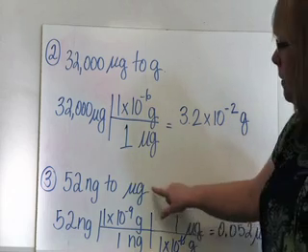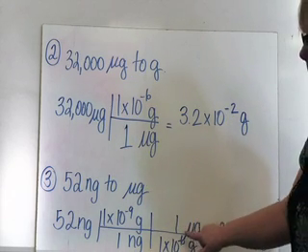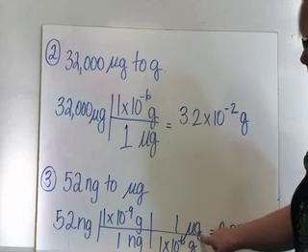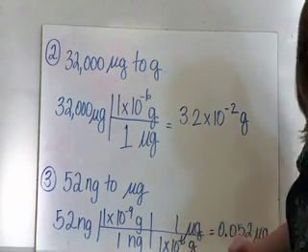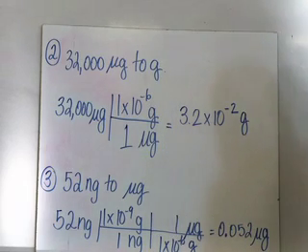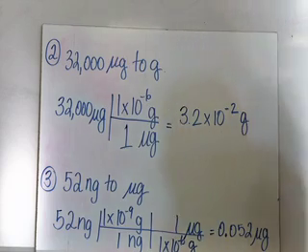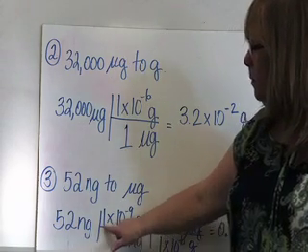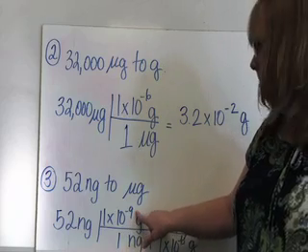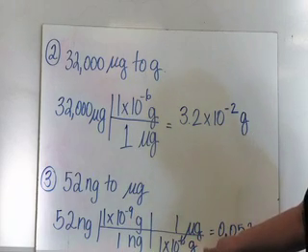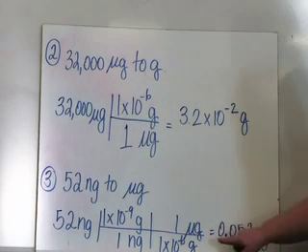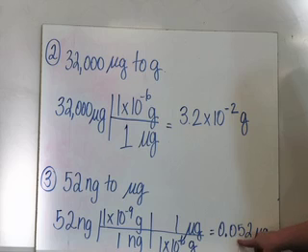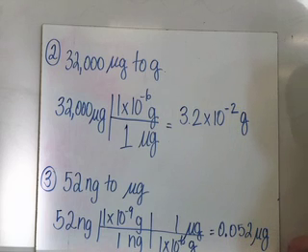And we're going to put the unit we want on the top, which is this unit with the prefix micro, 1 microgram. And from its definition, a microgram is 1 times 10 to the negative 6 grams. When we put this in our calculator, we'll do 52 times 1 EE negative 9 divided by, because it's in the denominator, 1 EE negative 6. And we come up with our answer, 0.052 micrograms.